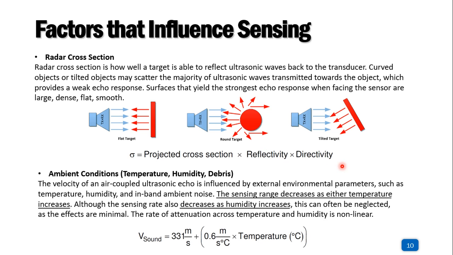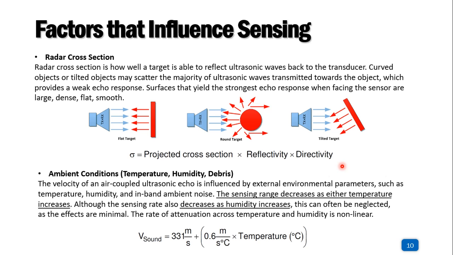Another factor that influences sensing is ambient conditions like temperature, humidity, and debris. As I mentioned, the velocity of the echo is influenced by external environment parameters like temperature and humidity, and the sensing range decreases when the temperature increases.